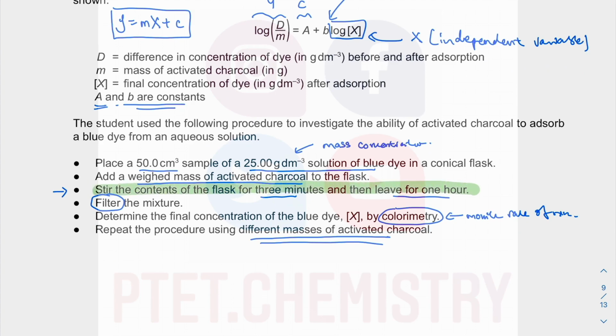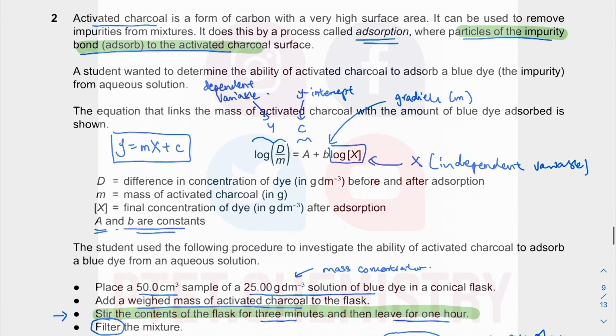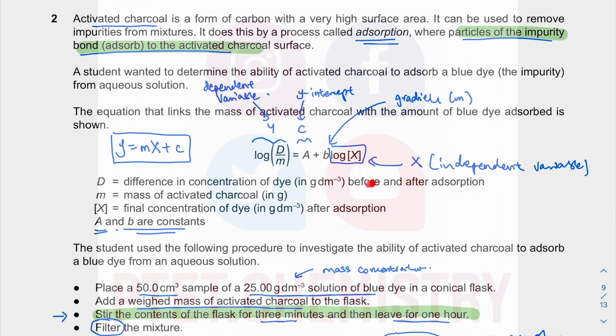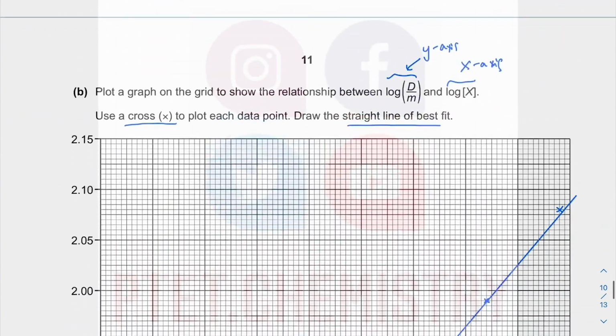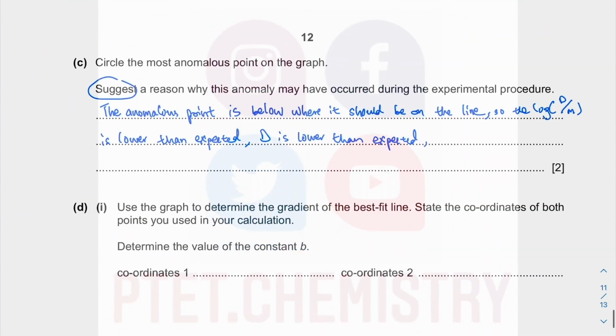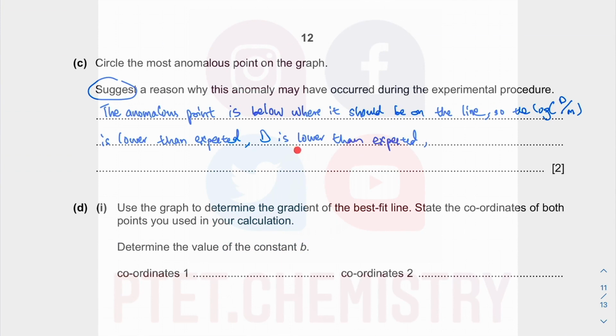Okay, so you do leave it for 1 hour. But then in that 1 hour, a different rate of adsorption might mean that some of them didn't get adsorbed. D is the difference in concentration between the initial and the final concentration.